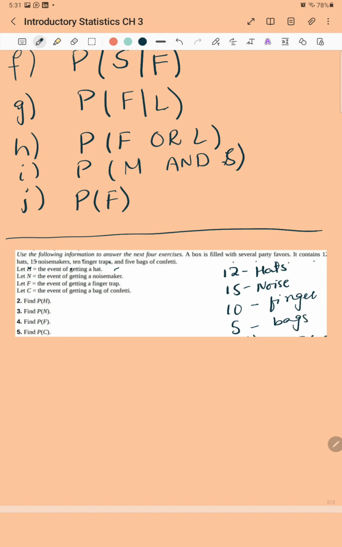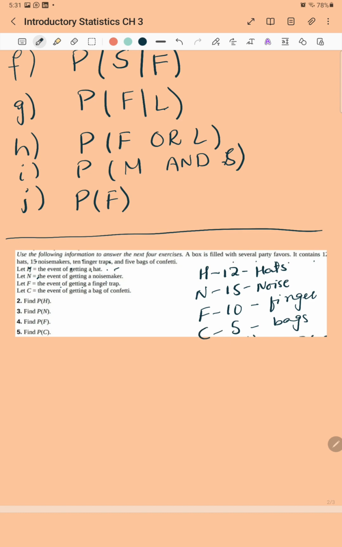Now let H be the event given a hat. Hat को जो है we will write H for hat. N is the event given for a noise maker, we will write N. F be the event given a finger trap, we're going to write F. And C for the coffee tea we're going to write C. So ये symbols हमने use करने हैं.